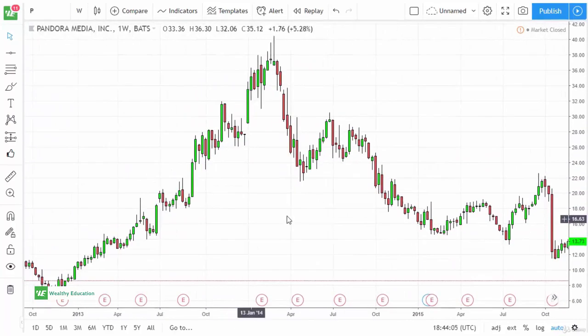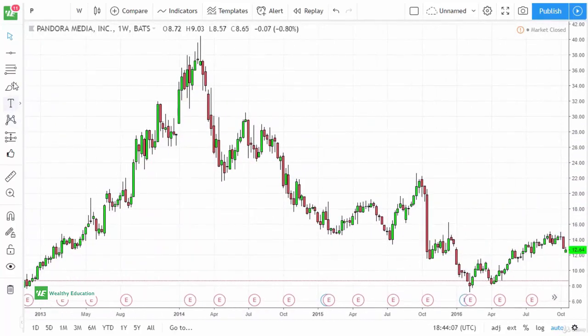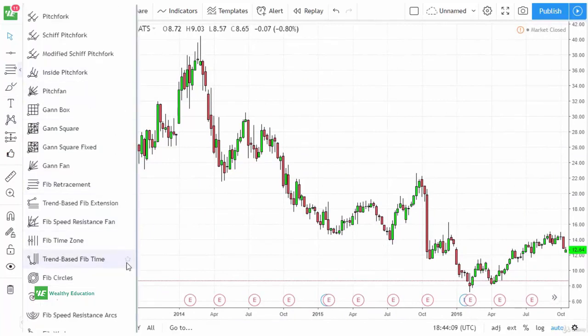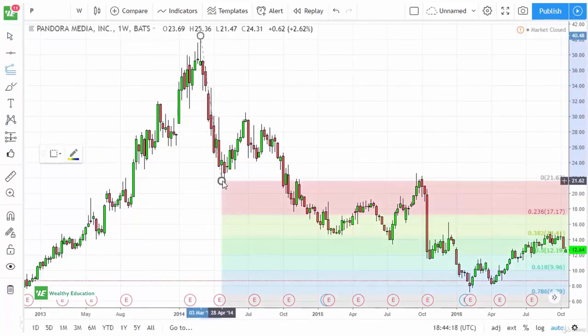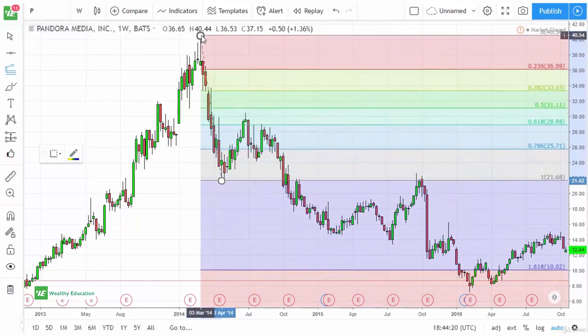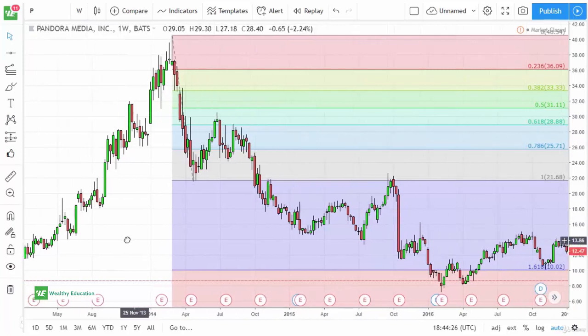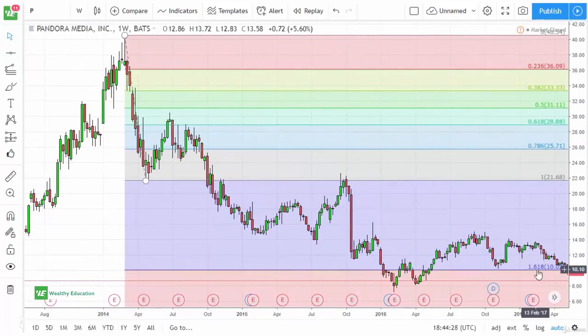Another thing is Fibonacci extensions. You can do a trend-based fib extension on the same move. This represents the 50% retracement, but then you get these extensions, 1.618 or 161.8% extension.